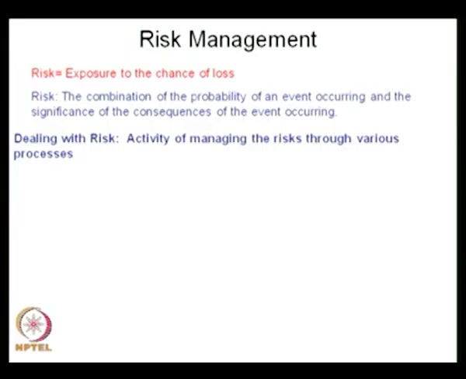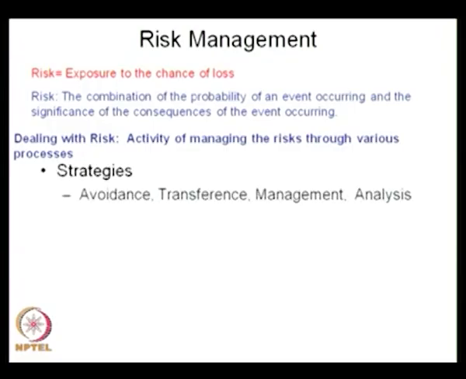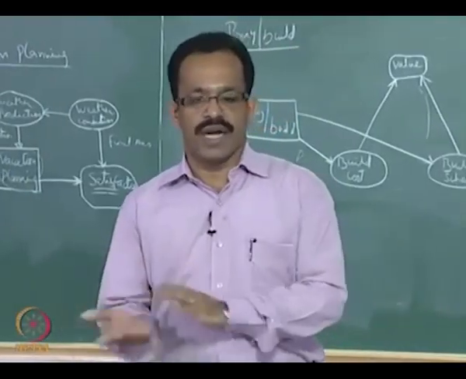The activity of managing risk through various processes is known as risk management strategies. We have different strategies like avoidance, risk transference, risk management and risk analysis. Risk avoidance is how you avoid a particular risk, or you go for a low risk alternative; that is, you avoid the high risk option and take an alternative.